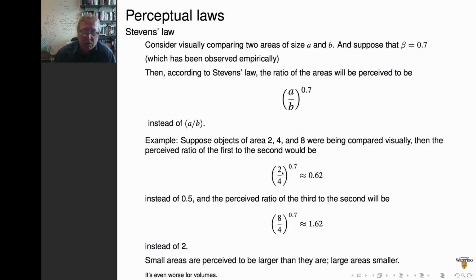So the smaller areas appear a little larger. Conversely, larger areas, rather than being twice the size, appear only 60% larger. So small areas appear to be larger in comparison, large areas appear to be smaller, and of course, it's going to be worse for volumes.